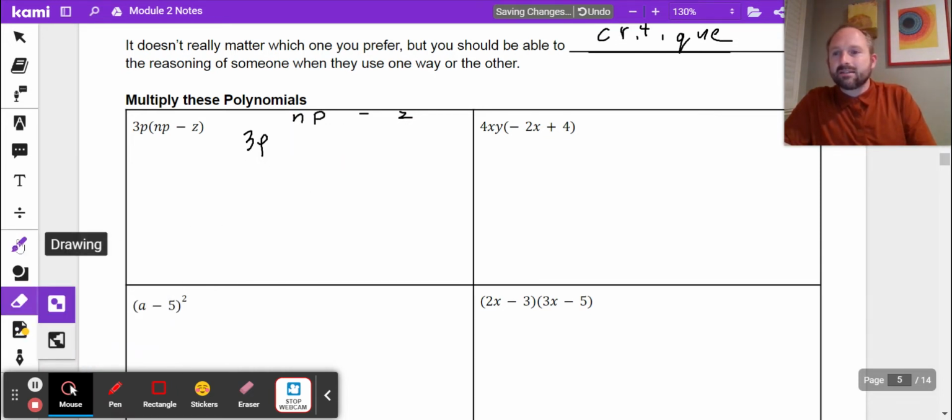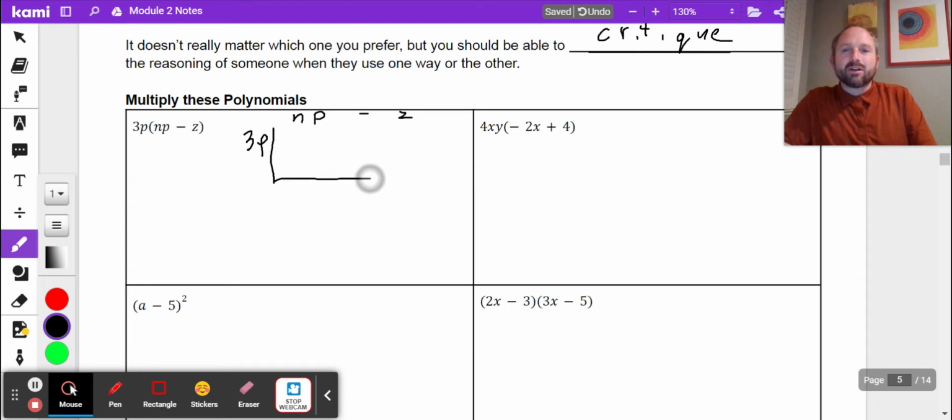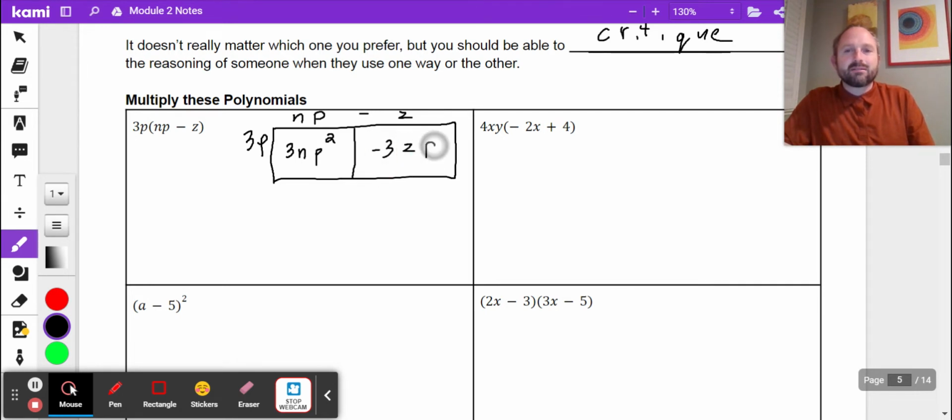I want to make it bigger. So 3p times np would be 3np squared. And this 3p times negative z would be negative 3zp.